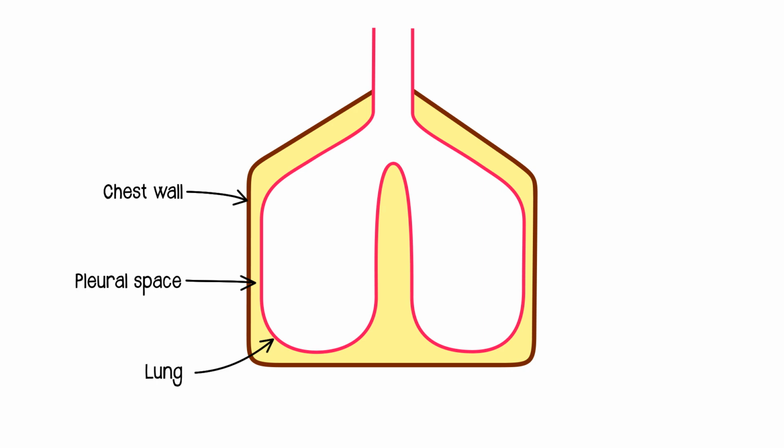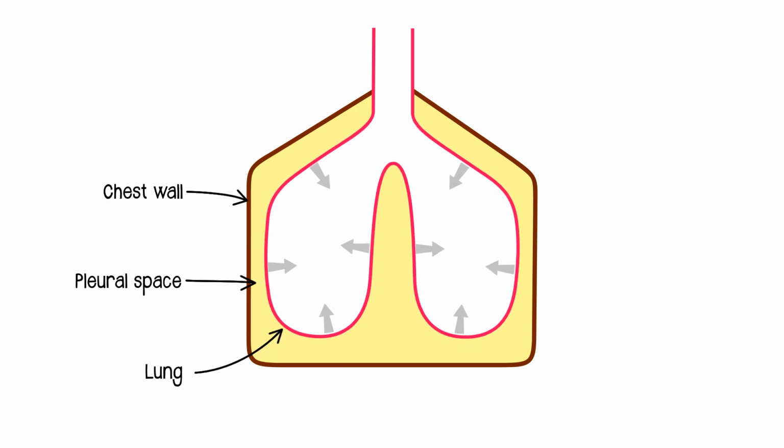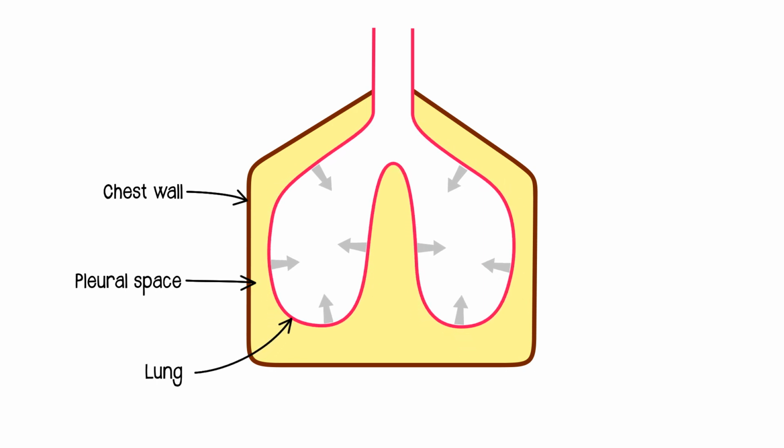Now, you can think of the lungs as being like an elastic balloon. They're inflated, but their tendency is to collapse, just like a balloon would tend to deflate if you would let it. So they want to collapse inwards. But if they were to do that, they would be increasing the volume of this pleural space. The pleural space would have to expand. Now, the pleural space is filled with liquid.